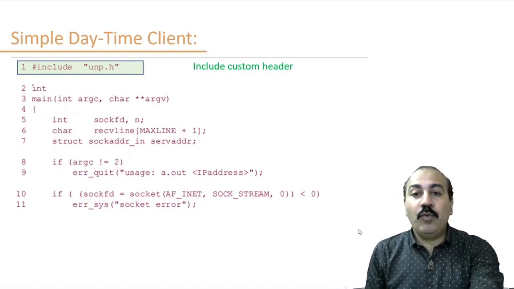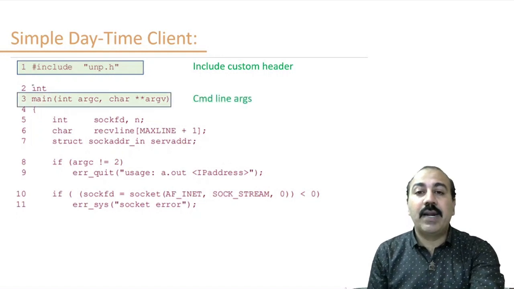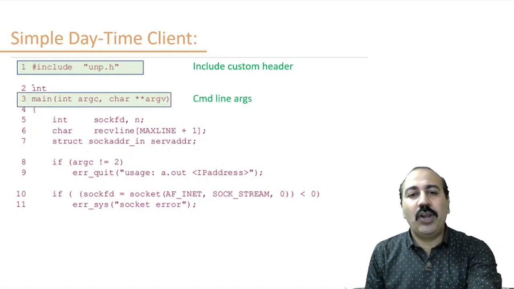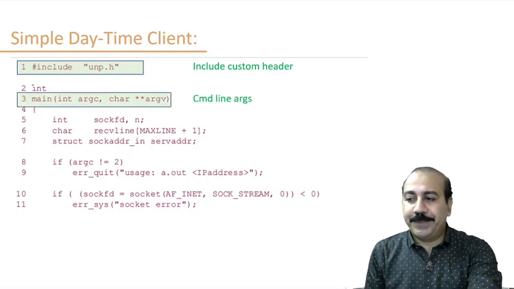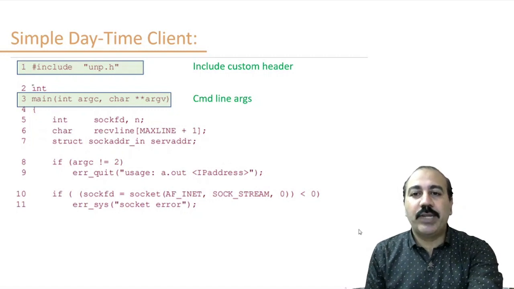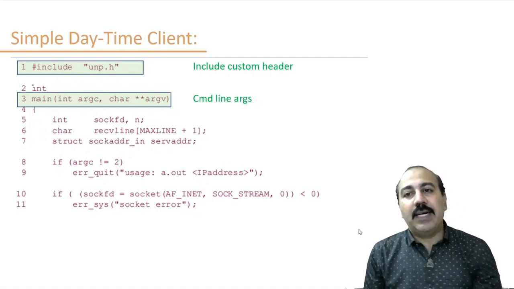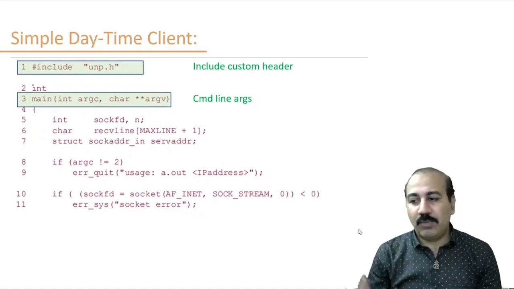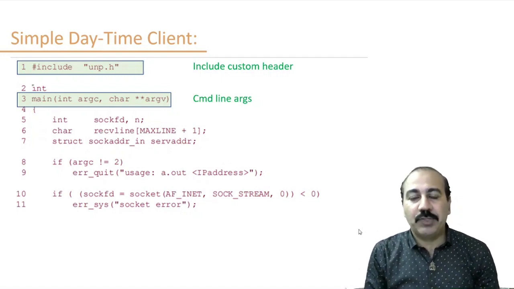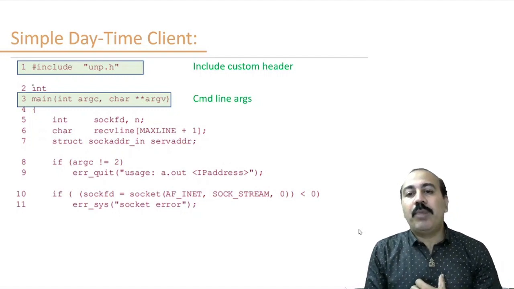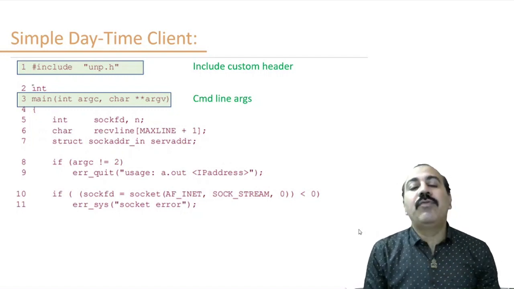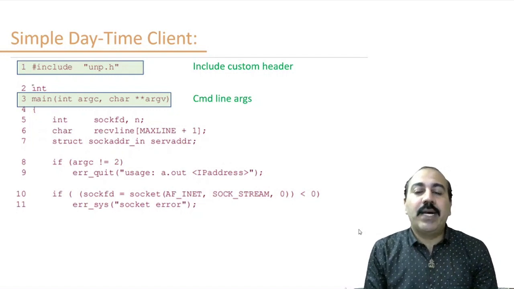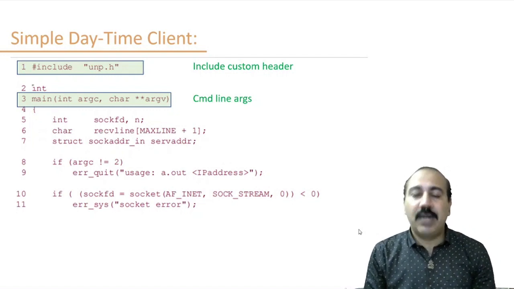Then moving on, we have the command line arguments. So we all know what a main function is. In any program for that matter, especially C, C++ or Java, the main function is the first function from where the execution starts. And if I want to pass arguments to this main function, then we'll have to pass those arguments as command line arguments.